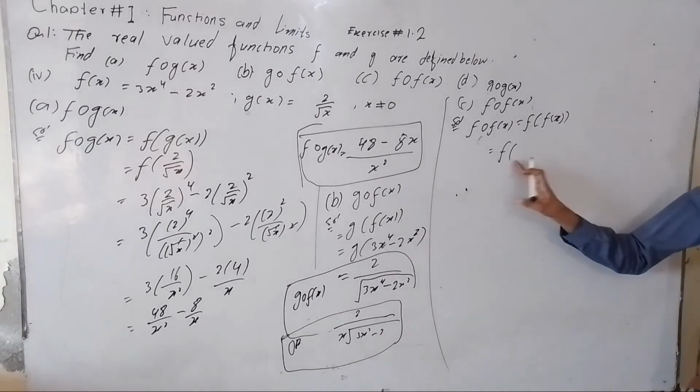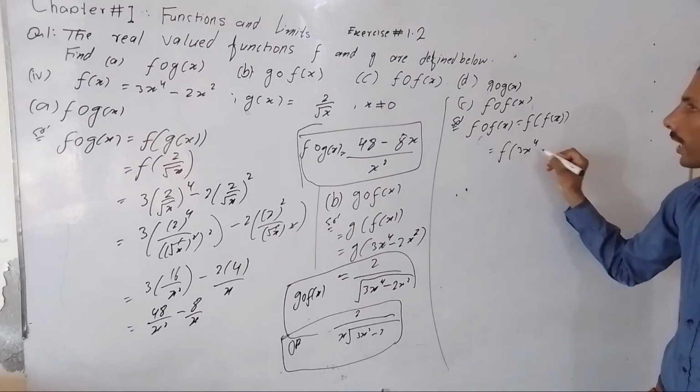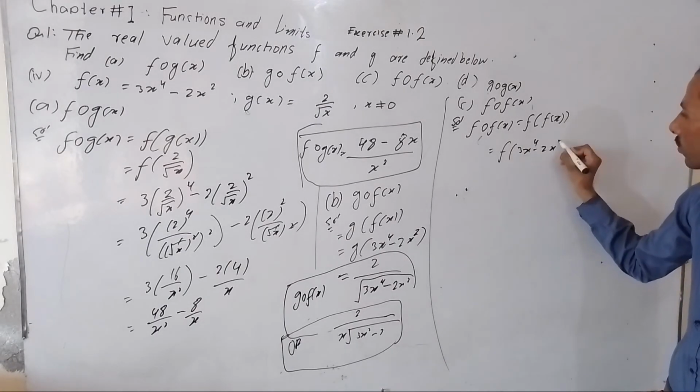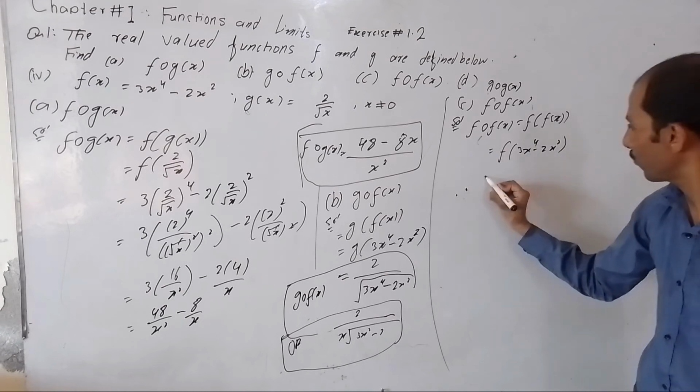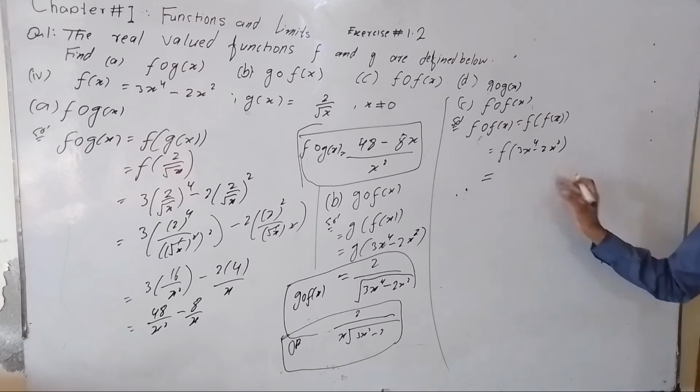Next, f into f of x. So 3x power 4 minus 2x squared, f into 3x power 4 minus 2x squared.